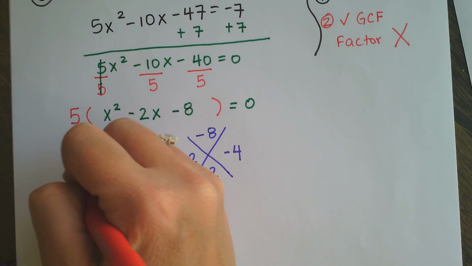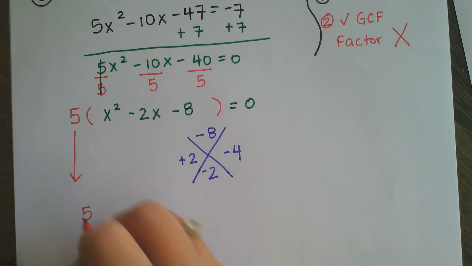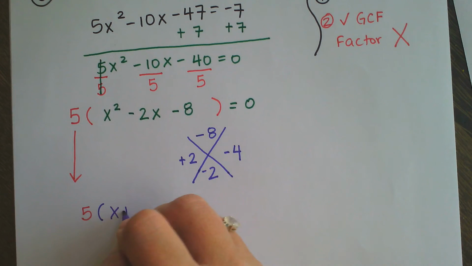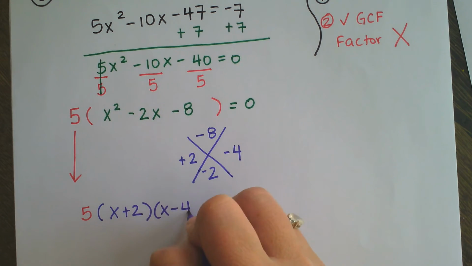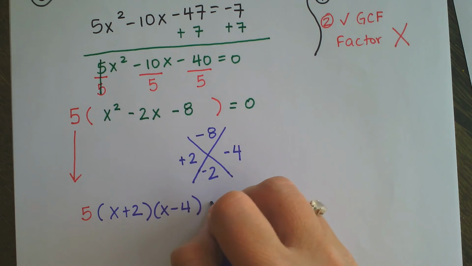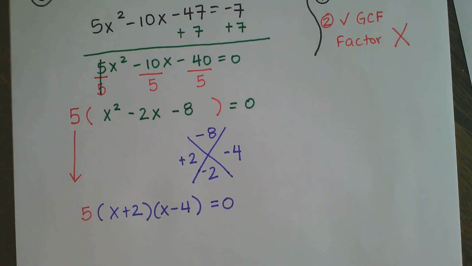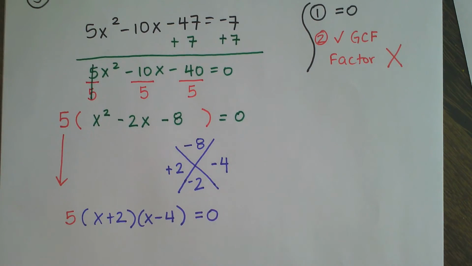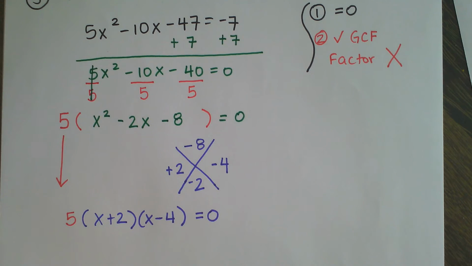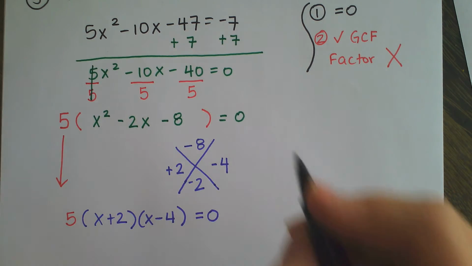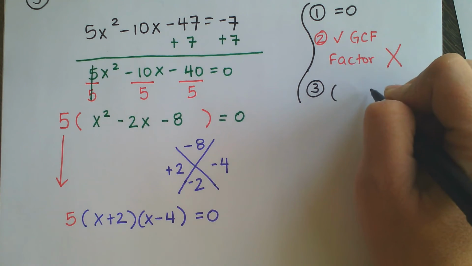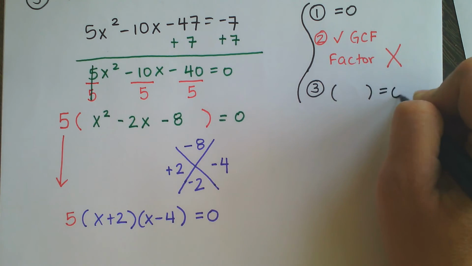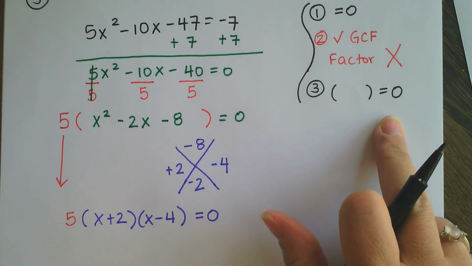So I'm going to bring down that GCF, that 5. It is still part of my work. x plus 2, x minus 4. This is still set equal to 0. So in that last step of our process, you're only setting anything with an x equal to 0 and solving.